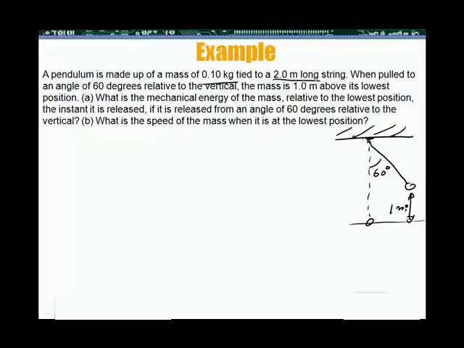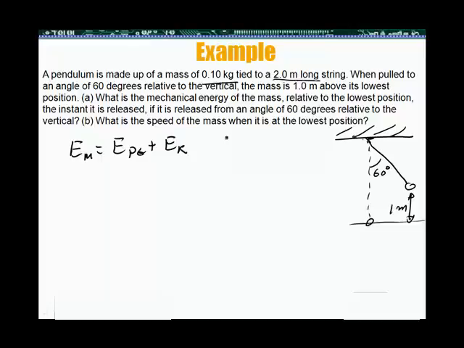Then the question is asking us what is the mechanical energy of the mass relative to the lowest position the instant it is released from the 60-degree angle position. Now that's an easy problem again. Mechanical energy is gravitational potential energy plus kinetic energy.